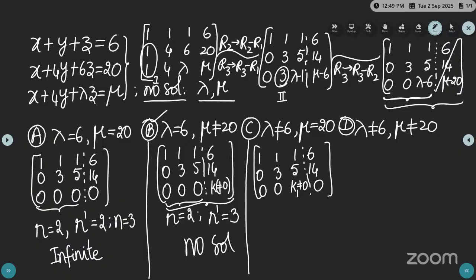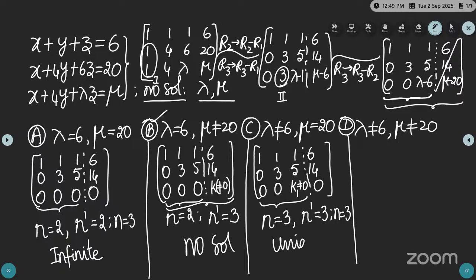So here rank of coefficient matrix is 3, obviously rank of augmented matrix is 3, and number of unknown variables is 3. You get a unique solution. What next?